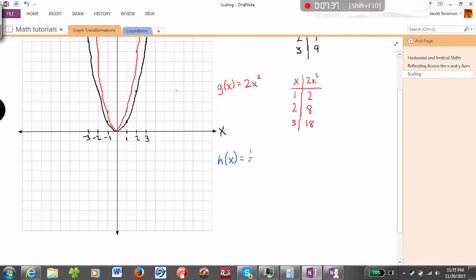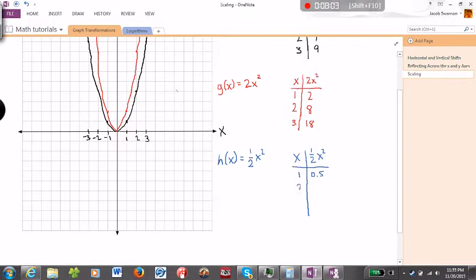and so we'll do 1 over 2 times x squared, and let's go ahead and quickly make a comparison chart, or a t-chart as some of us call it. So when x is 1, what will this equal? Well, 1 squared is 1 divided by 2, so this is just going to be a half. I'm just going to call it 0.5.